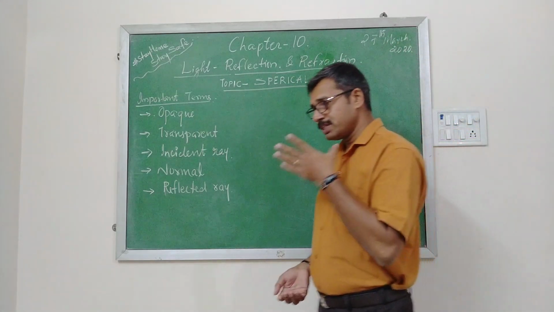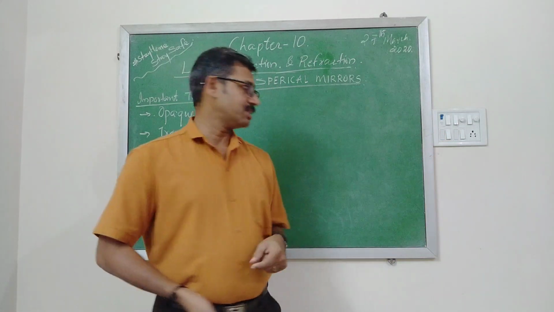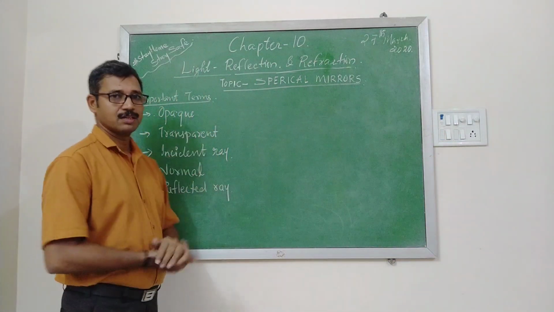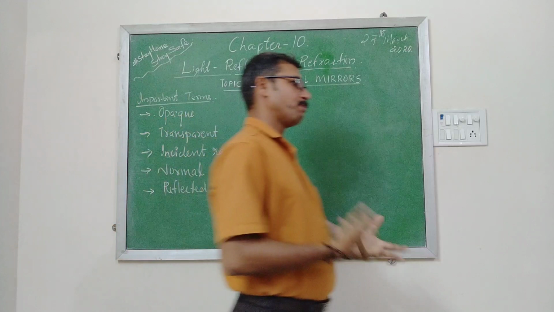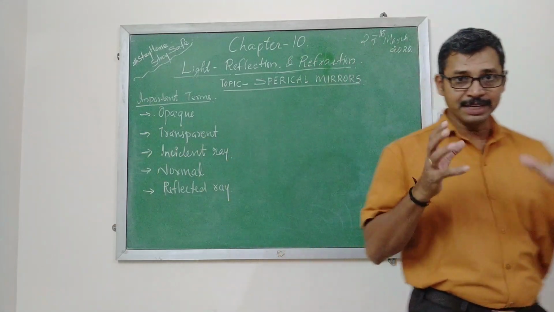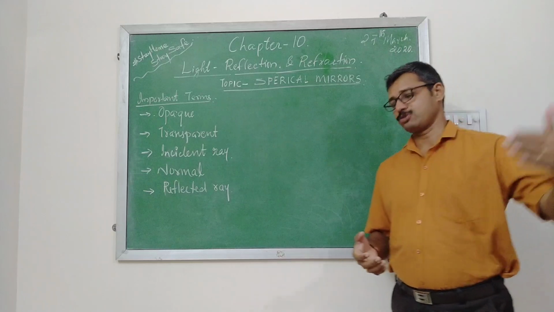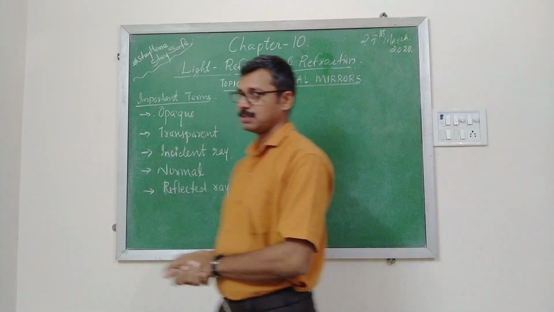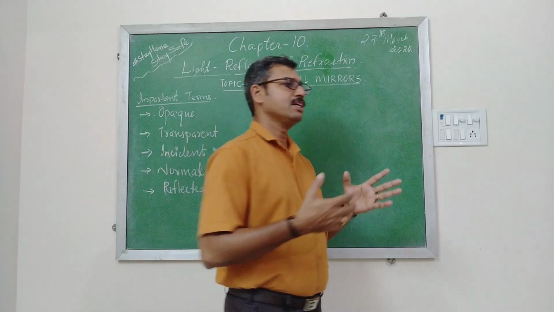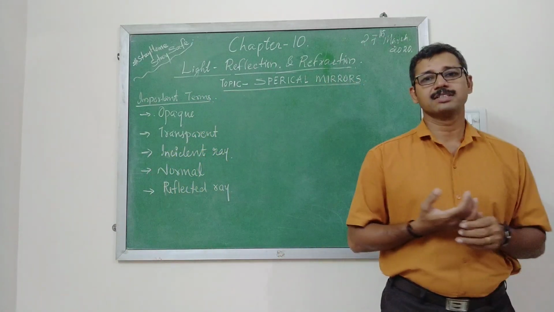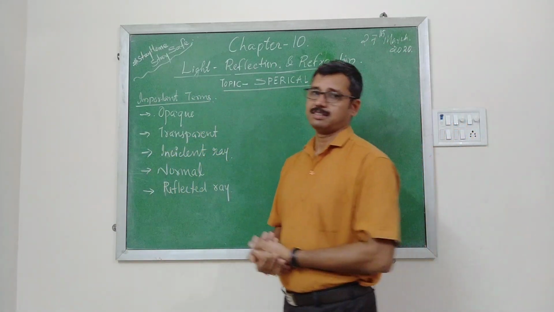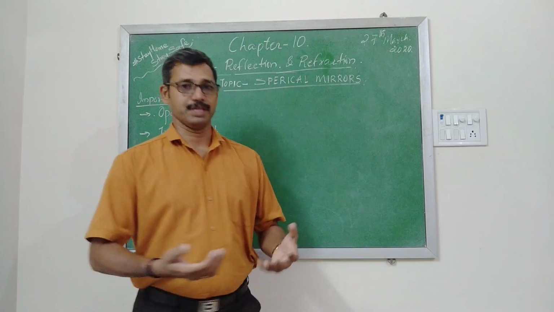Now, while telling about this, I used the word opaque. What is opaque? Opaque is a medium through which light cannot pass. So any object which we can see is an opaque medium.